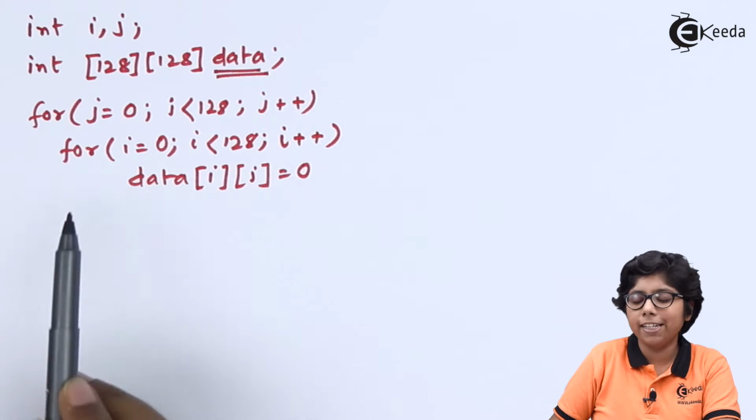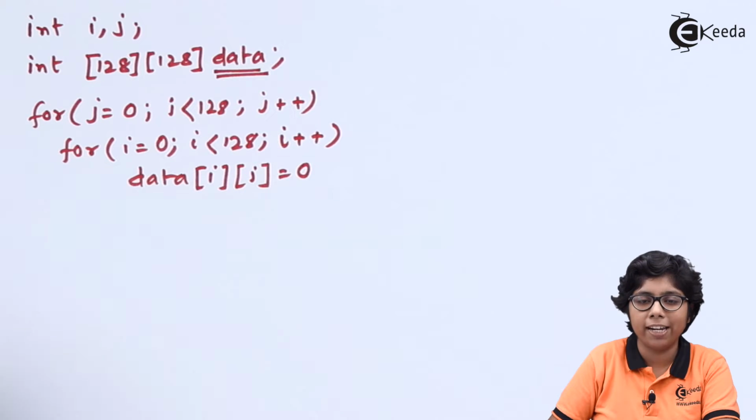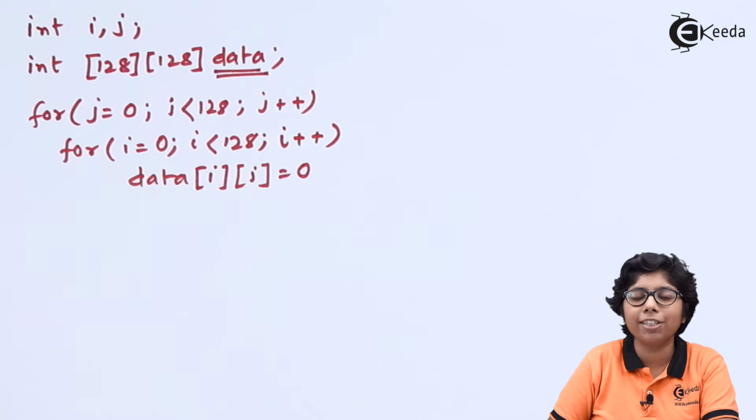Now we can see that all of this data is stored in row-major order of that array. First 0 0, then 0 1, 0 2, again 1 0, 1 1, 1 2, until 127 0, 127 1 and 127 2, like this will be allocated first.